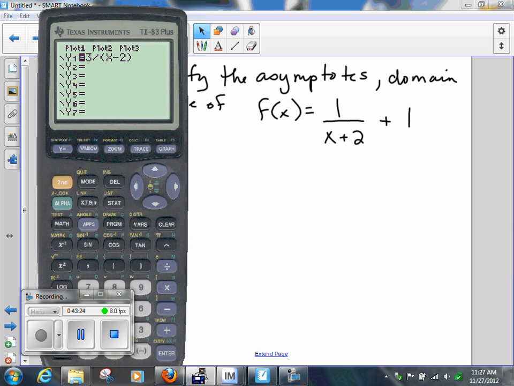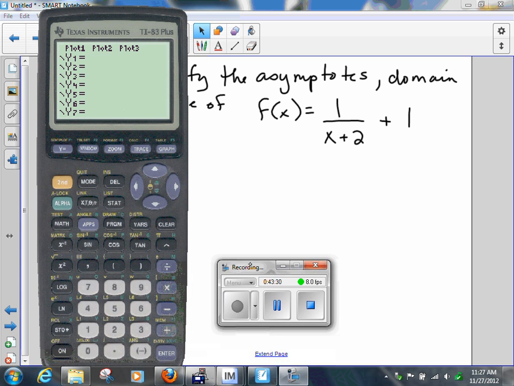Separate that rational expression, that fraction, with its own set of parentheses. Look what I did. I completely separated that fraction with its own set of parentheses, and now I'm going to add 1. Okay?